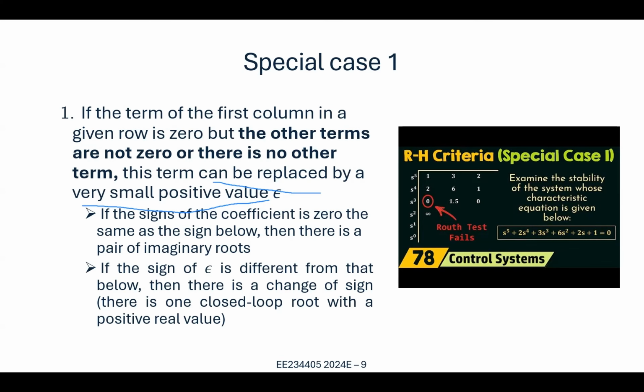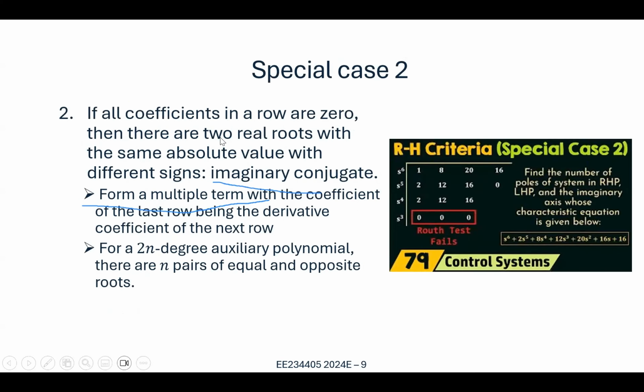And the second one is if all coefficients in a row are 0, then there are two real roots of the same absolute value with different signs. This is called the imaginary conjugate.